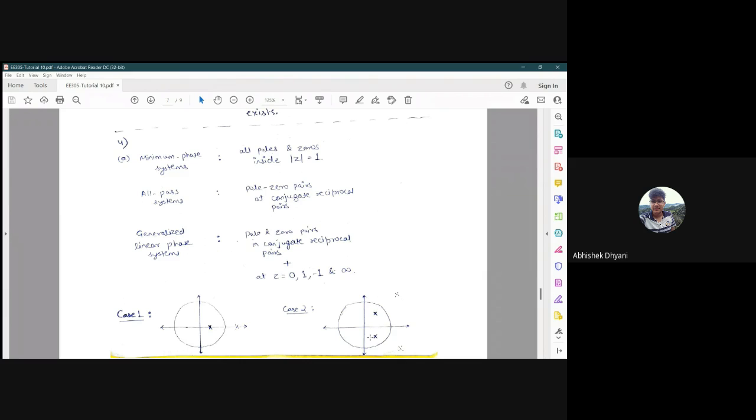In either case, because we also have an all pass system, for the generalized linear phase system, if there is a pole inside, there will also be its reciprocal outside. Similarly, if we have a pair like this, then there will be corresponding poles outside, which is the reciprocal conjugate pair. So these are the two possible cases which can happen.